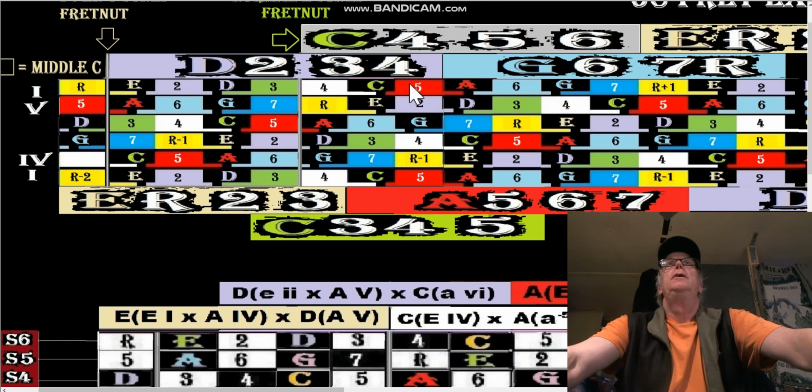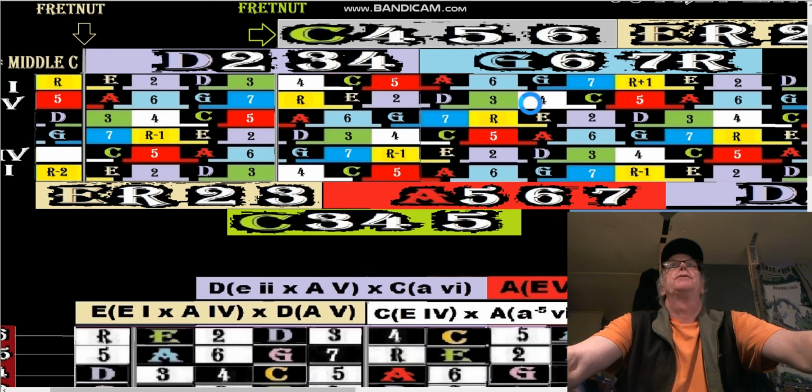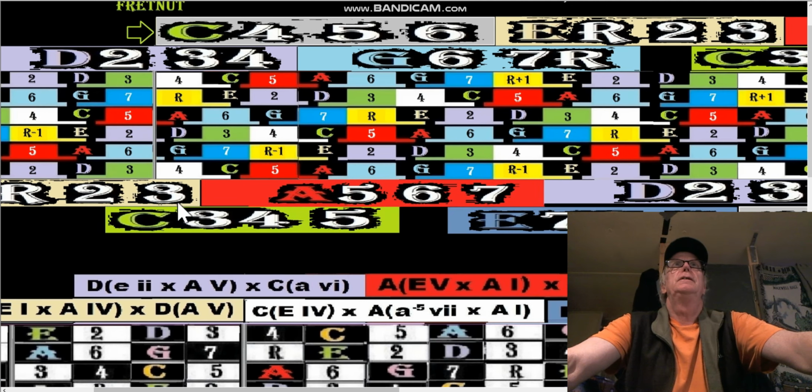Now, let's look at the 5 regular CAGED shapes. C, we have the C box. Okay, so what do we got? We got 5, root, 3, 5, root, 3. We have a C box. Okay, now we're going to extend the idea.